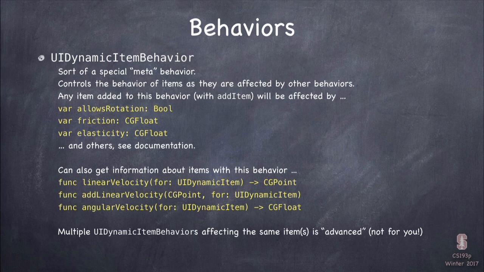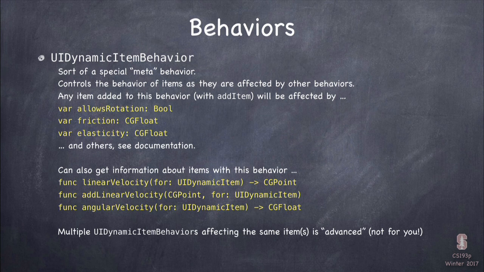Now, why do I want to know the linear velocity of an item? A lot of times, if I've got a view in an MVC, and it's animating, and then I click away from it, like on a tab bar, or in a navigation controller I push something else on, I want to pause that animation. Well, there's no real way to pause.